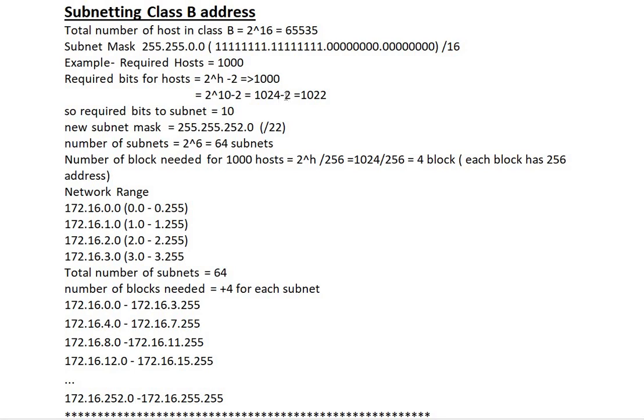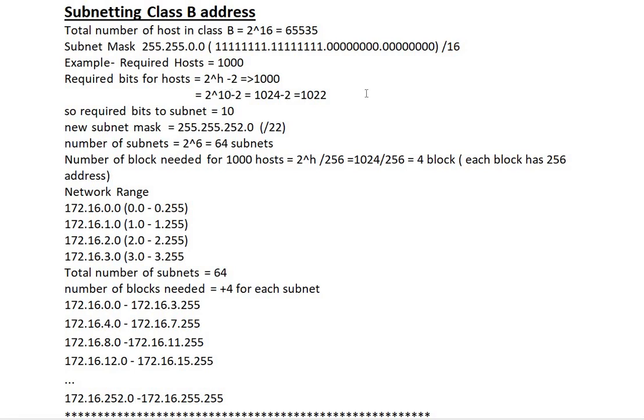That's why these two numbers are always less in any host range. So we will have 1022 hosts in this network using 10 bits for host representation. This meets our requirement. We need 1000, so we need 10 bits.